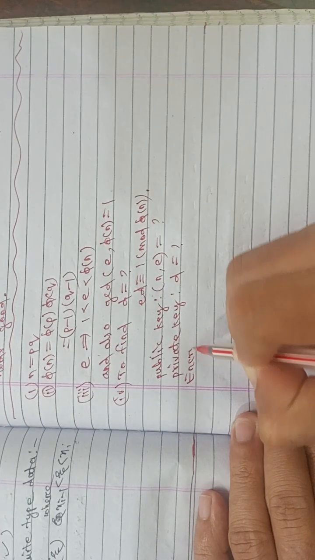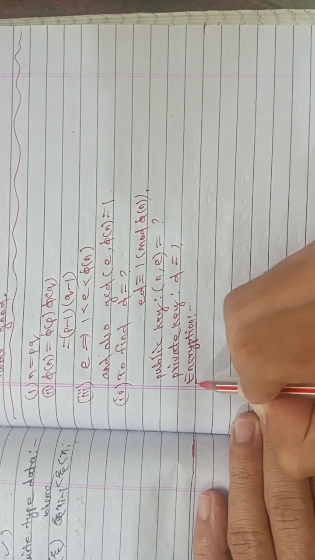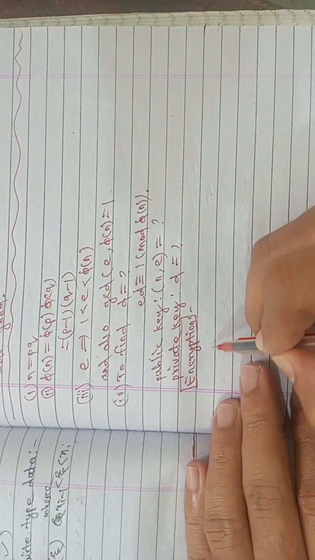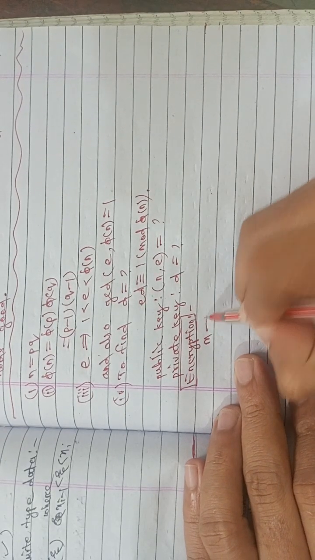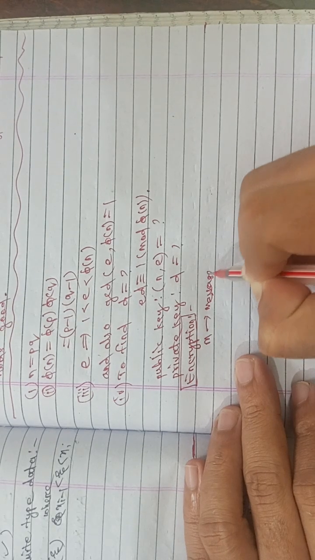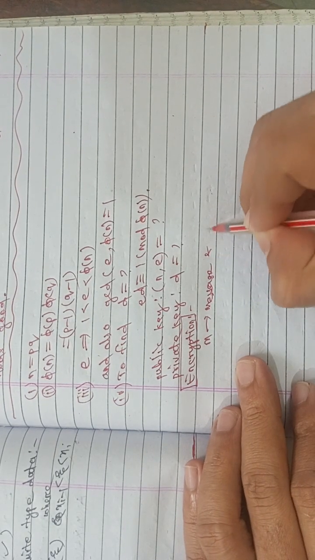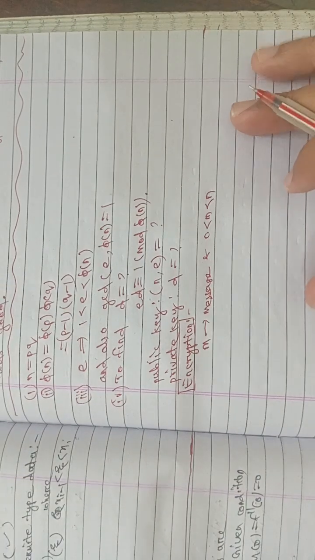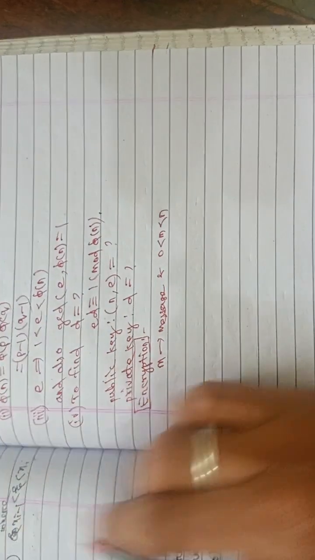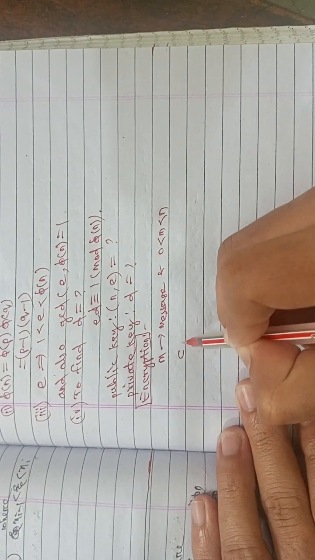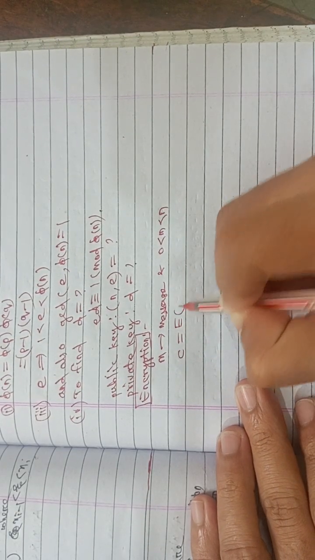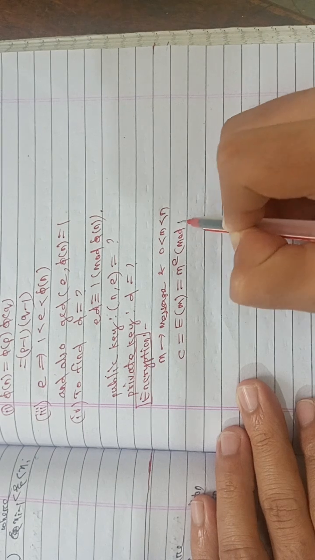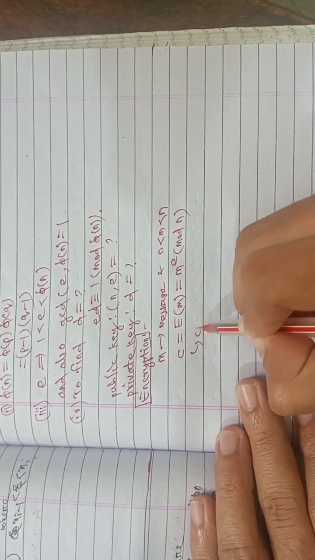And encryption: M is the message, greater than 0 and less than N. C equals the encryption of M, which equals M to the power E mod N. Here C is the ciphertext.